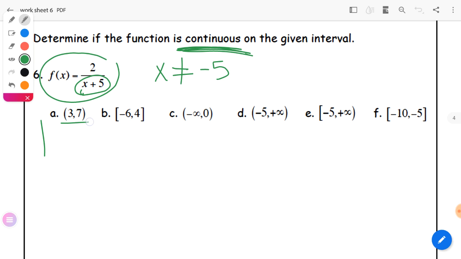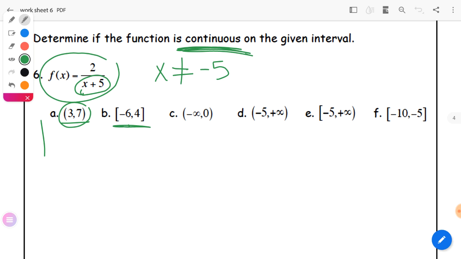The intervals are: open interval 3 and 7, closed interval negative 6 and 4, open interval negative infinity and 0, open interval negative 5, and understand? This means the set of real numbers between 3 and 7. Here, I have to take the interval which does not have negative 5.